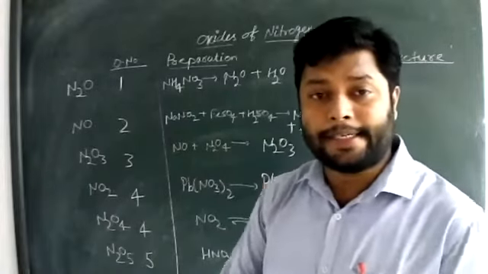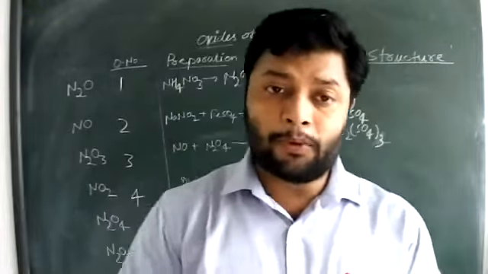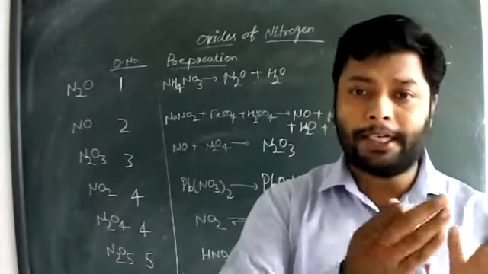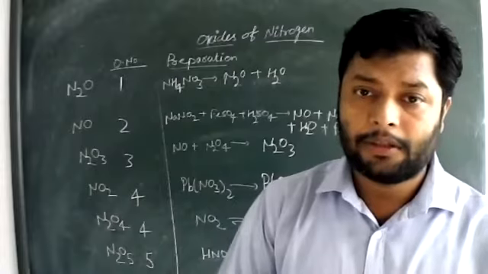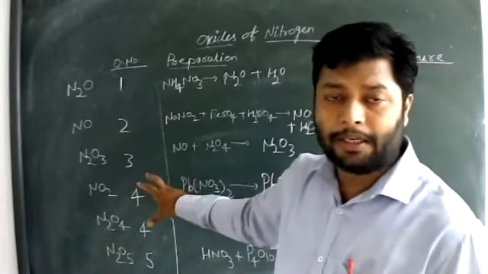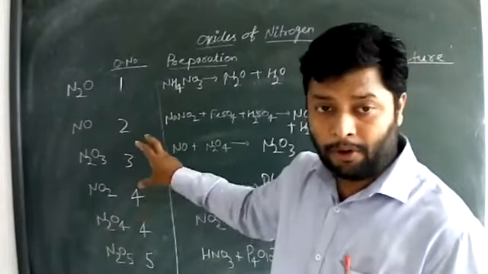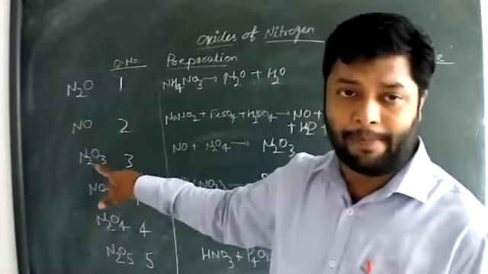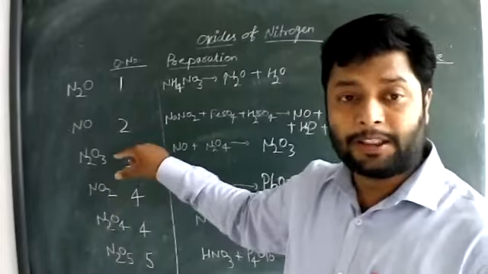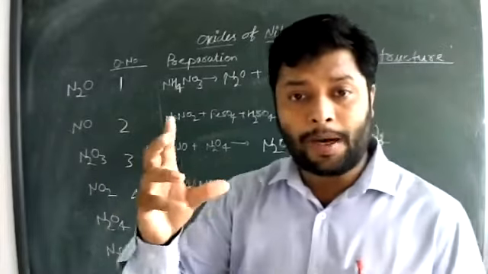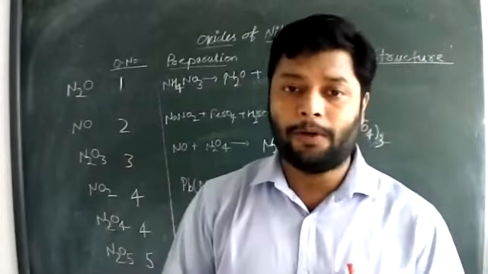Acidic nature increases on the basis of covalent nature. We already had a discussion about that. A higher oxidation number of a central element, meaning nitrogen, is responsible for a more covalent character of a molecule.